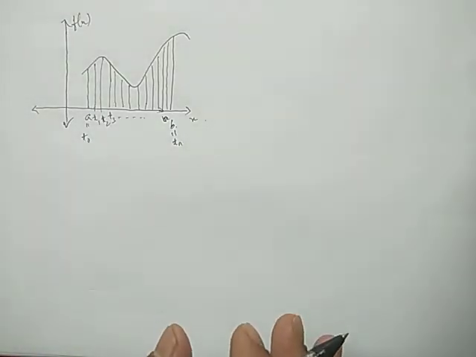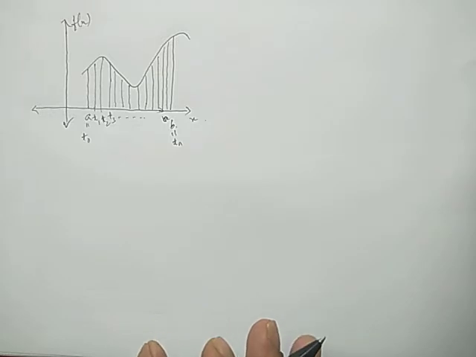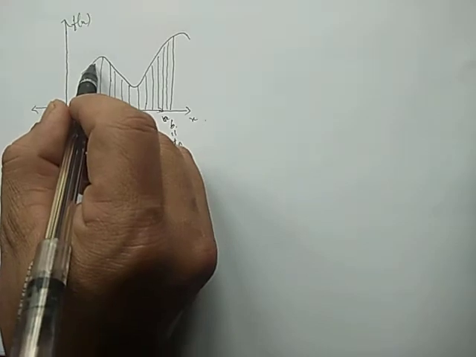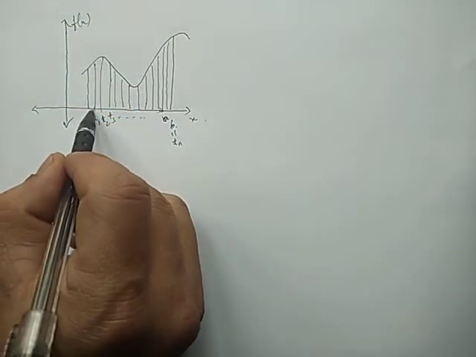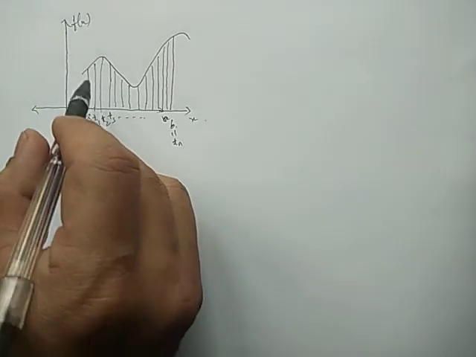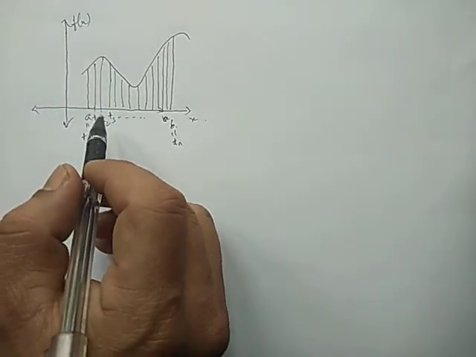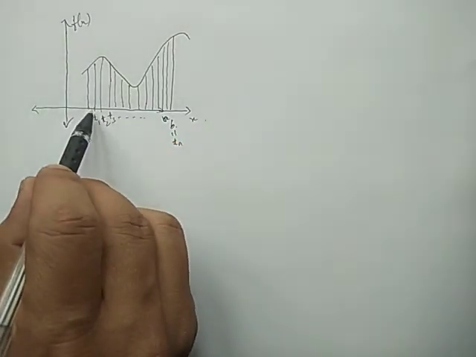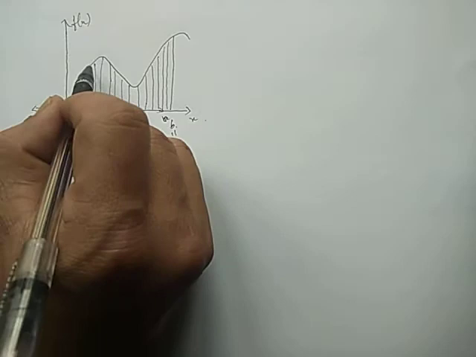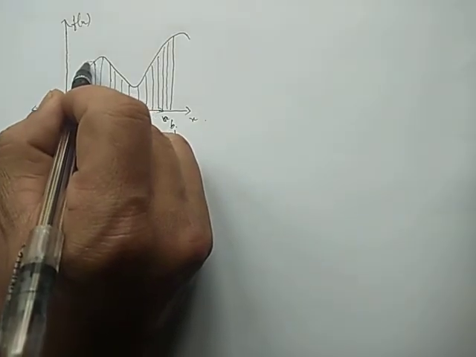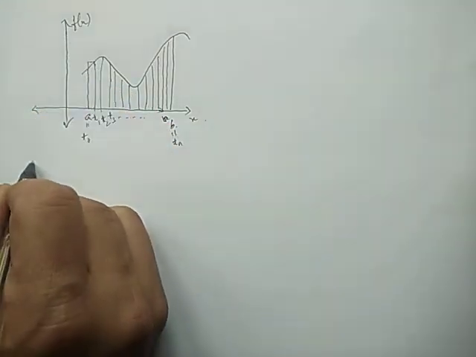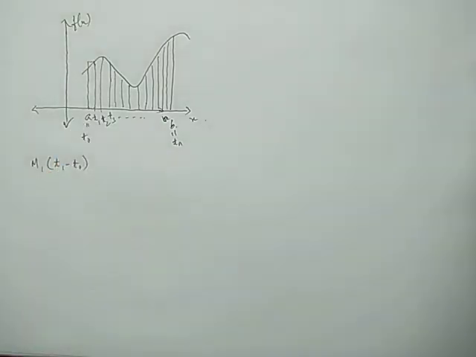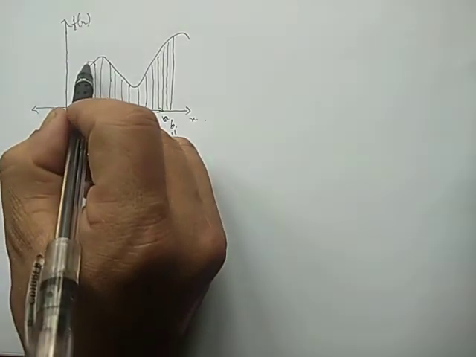Now what we can see is that if I assume that the maximum in this interval is m1, the maximum in this interval is m2, the maximum in this interval is m3, and if I multiply with the interval, I will get in the first multiplication m1 into T1 minus T0 instead of A. So this will give me the area of this one.